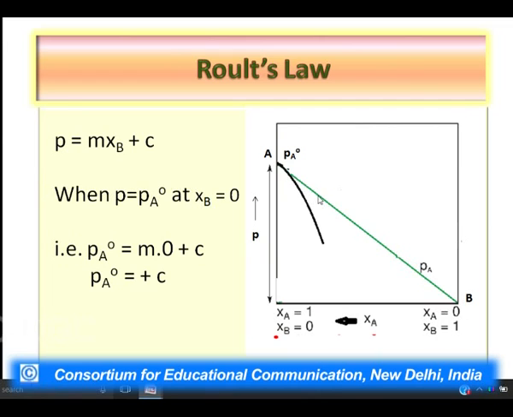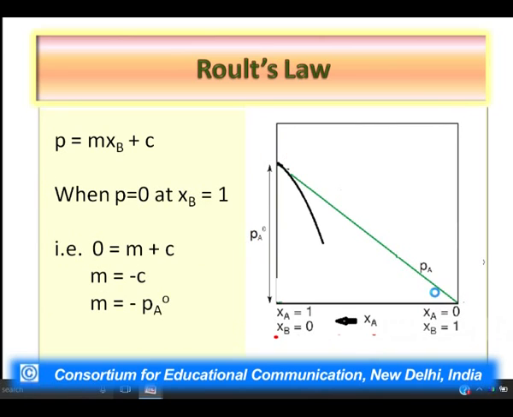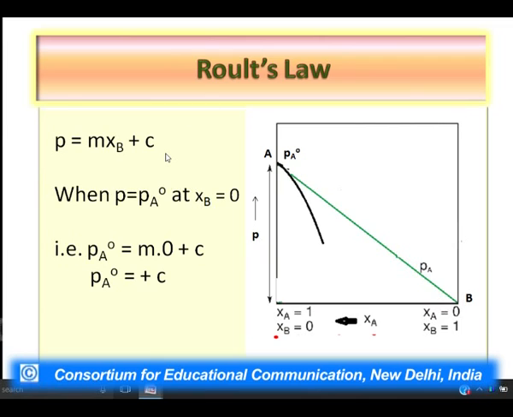Let us have a look at it. Since this is a straight line, and we all know this line segment AB has the equation of a straight line, y equal to mx plus c. But on the y axis we have pressure, and on the x axis we have composition, that is amount fraction of component A or B, either of the two we may take.